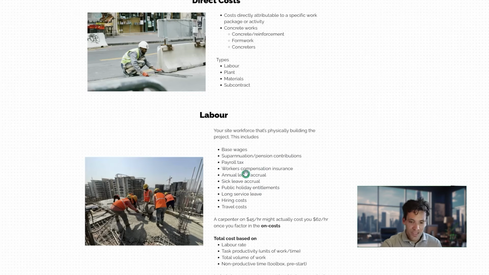Now, I refer to these as on-costs on top of their base wages. Some companies refer to it as the labor burden. And the point is you need to understand both the base wages and what labor burden or on-costing you have. For example, you might have a carpenter that is receiving as their payment $45 an hour, but as a company, it's costing you $62 an hour once you factor in all these things.